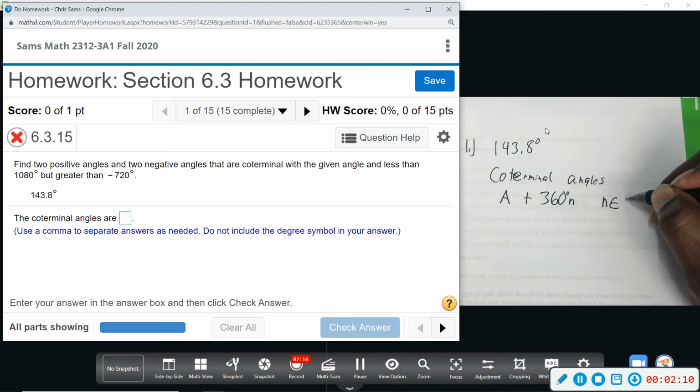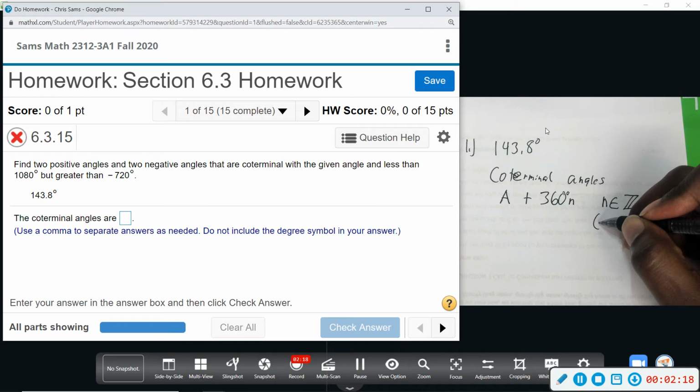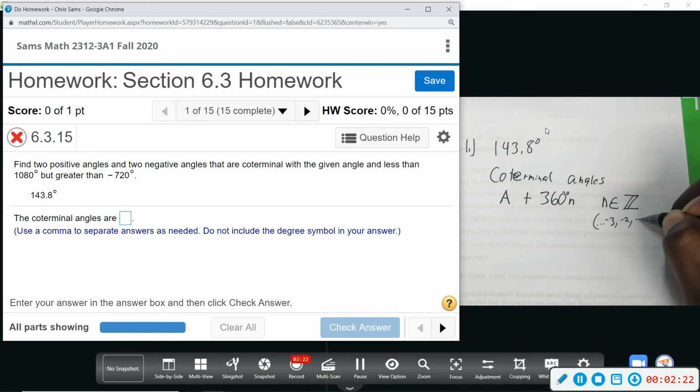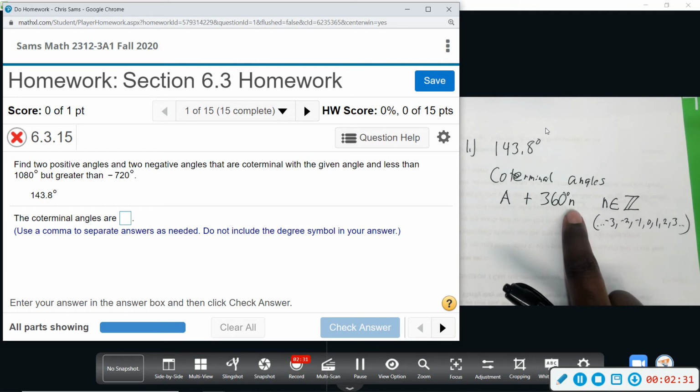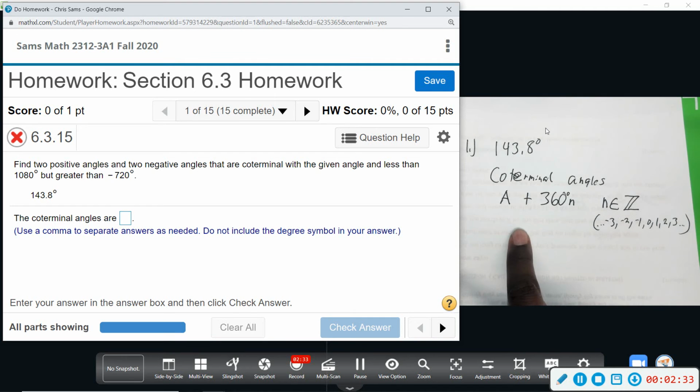This is just a notation meaning that it is a positive or negative whole number. That means -3, -2, -1, 0, 1, 2, 3, and so on. So we can use any whole number right here and get a coterminal angle.